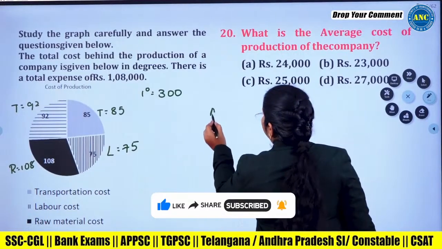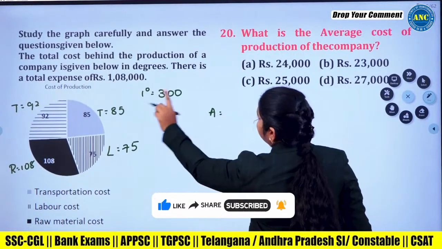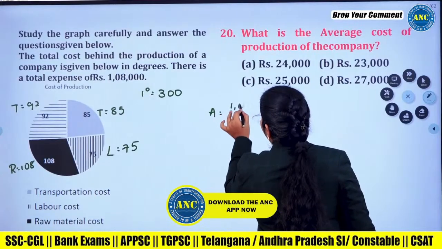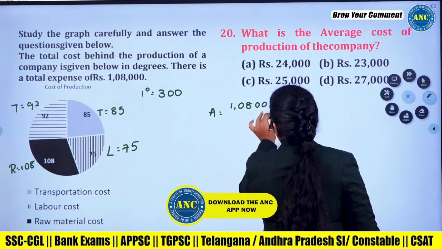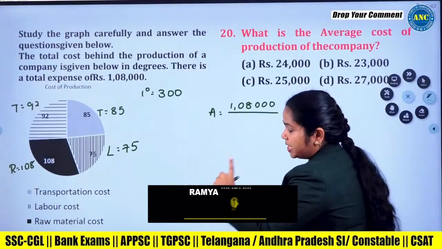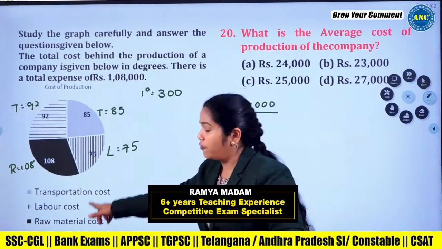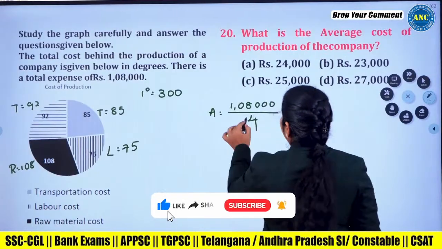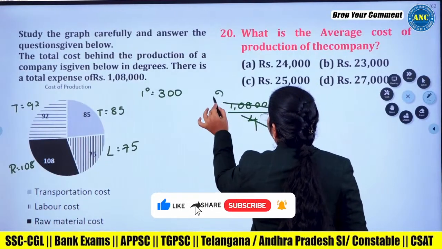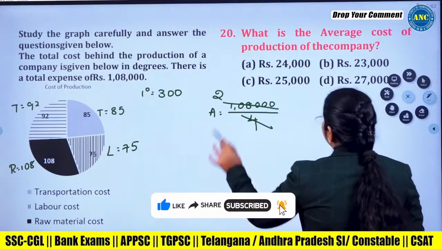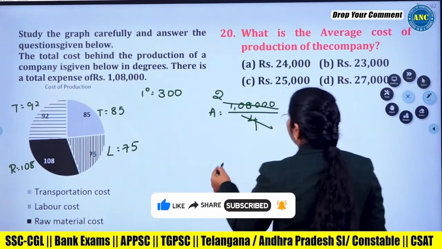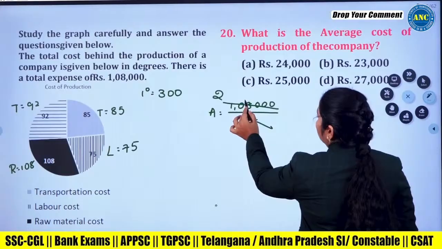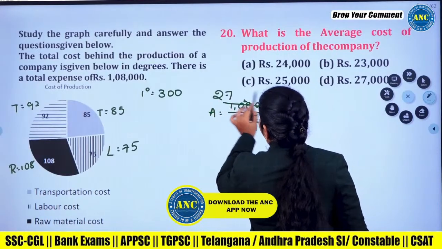So, average is equal to total cost of the production of company, which is 1,08,000, divided by how many parts it is divided? 4 parts it is divided. So, it's 4. 4 1s, 4 2s are 8. Check for the options. Everything is starting with 2. So, 4 2s are 8, it is 2. 4 7s are 28.